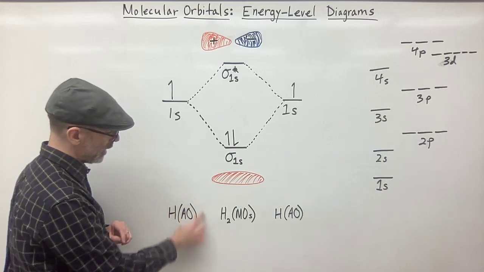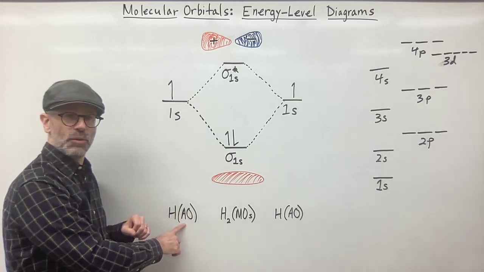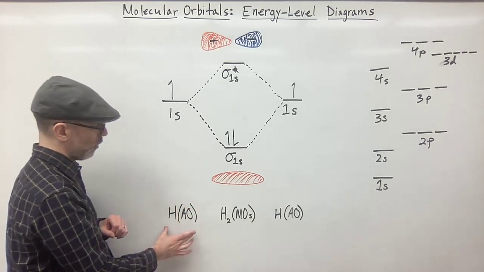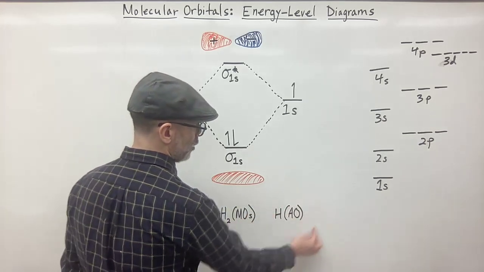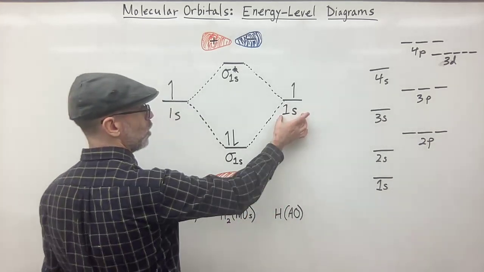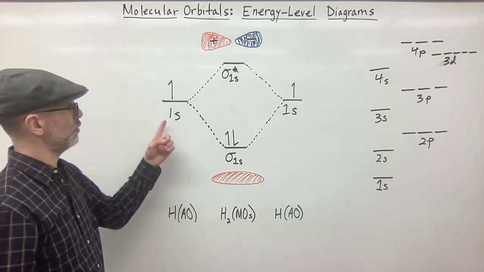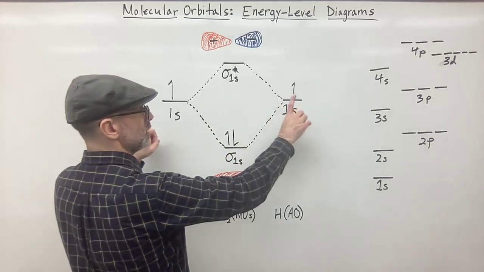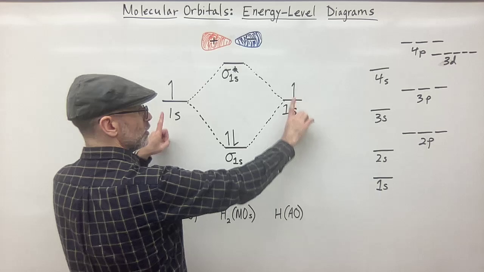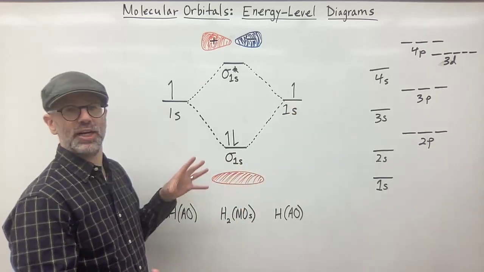So here we have hydrogen with AO, atomic orbital. We have the 1s from this hydrogen, and on this side we have the other hydrogen atomic orbital, 1s. Both of them have 1 electron. So we have the parent atomic orbitals on the outside. Those are going to combine.